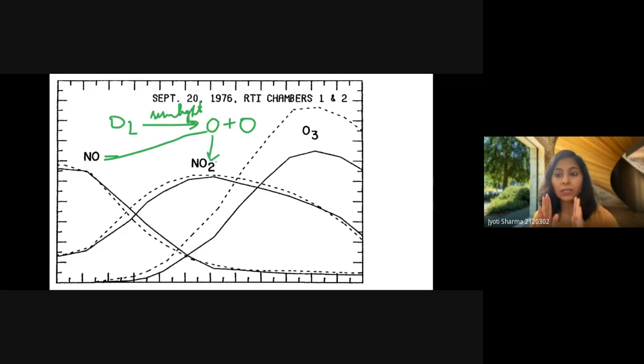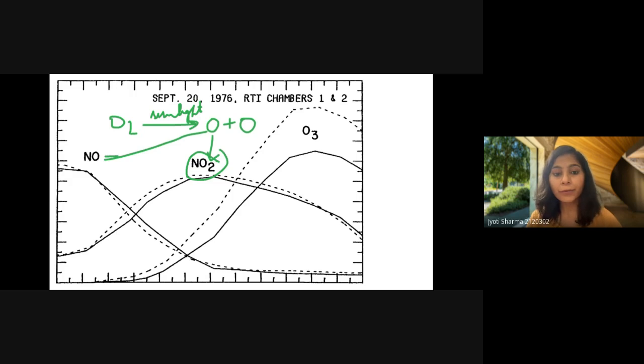So it means in the morning time, when we do not have any sunlight, the peak will be nitric oxide. Whenever we have sunlight and we already have NO in the atmosphere, that NO will react with oxygen, and that will give you nitrogen dioxide.